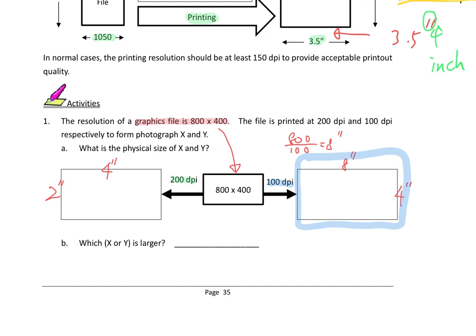So you can try to imagine which one has a smaller physical size. Let's say this is x and this is y. The x will be smaller. Which one is larger? The answer should be y.